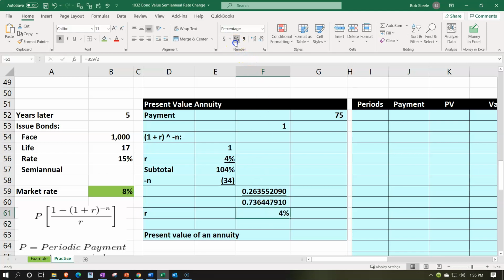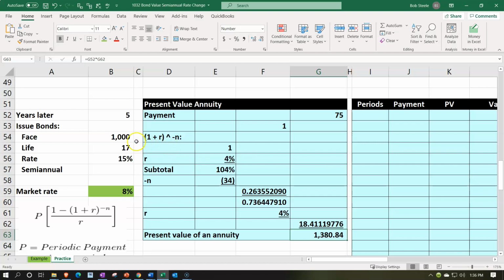Number group, percentify, font group, underline, pulling this to the outer column, taking the numerator divided by the denominator. And then we're going to say numbers group, adding decimals there, font group, underlining, and finally multiplication of the payment amount per 6 months times that thing we just got, add a couple decimals, and there we have the value of the annuity portion.